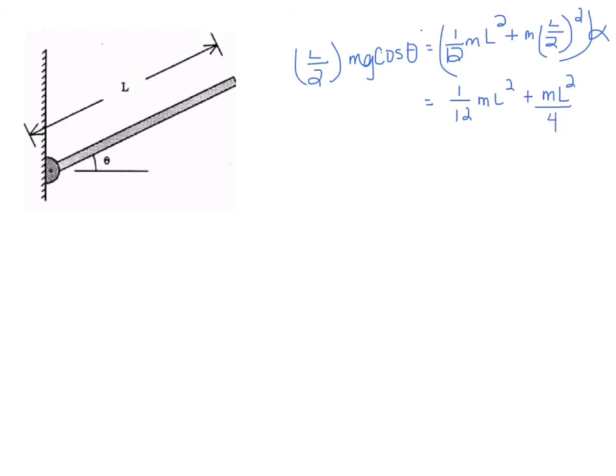Finding a common denominator, we get 4/12 mL squared, or 1/3 mL squared.